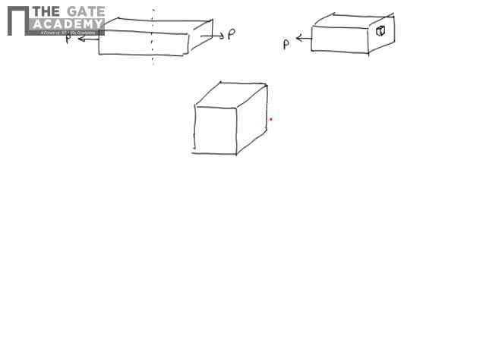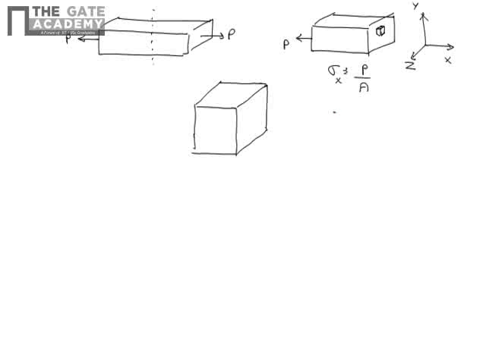This is the cube, and what will be the stress acting on this cube? We know that normal stress is sigma given by P by A, and if the coordinate system is x, y and z, you have sigma x equals P by A.